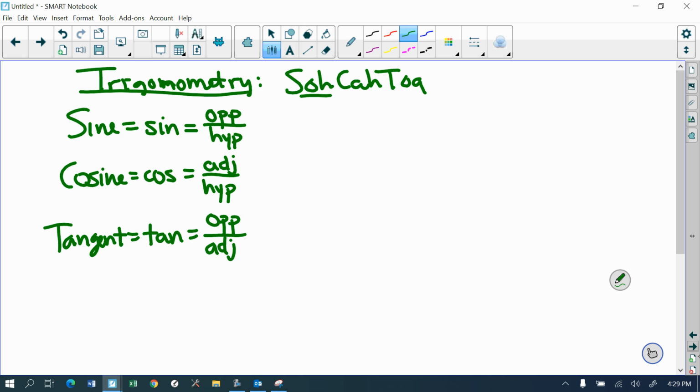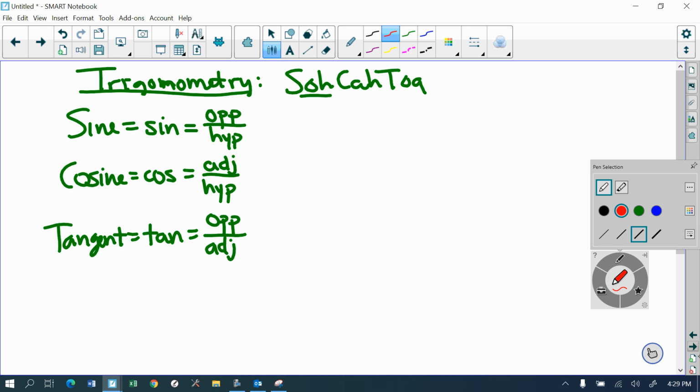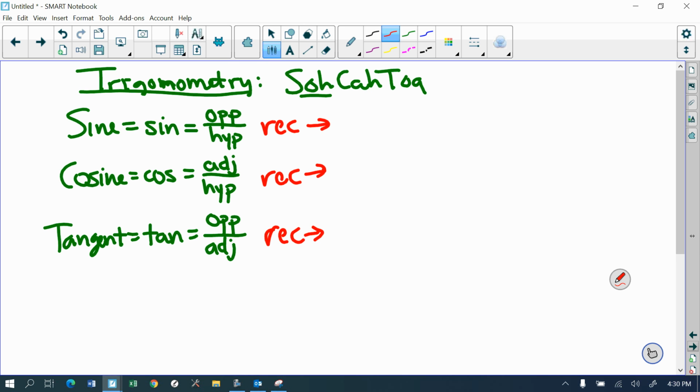Okay. Now each of these has a reciprocal. Reciprocal, remember, you switch the numerator and the denominator. The reciprocal of sine is cosecant.